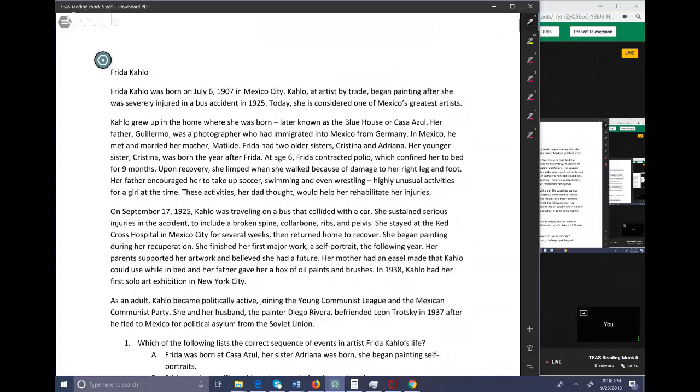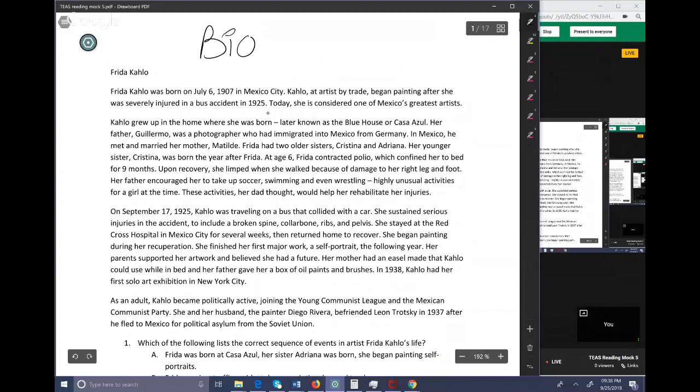This first passage is one that I get a lot of complaints about, which is the one about Frida. And this is essentially, if you didn't notice it as such, a biography.